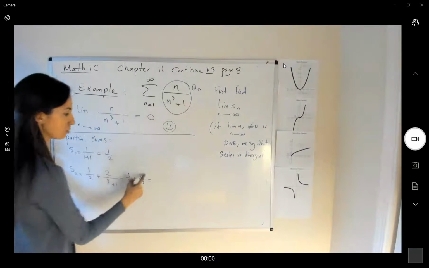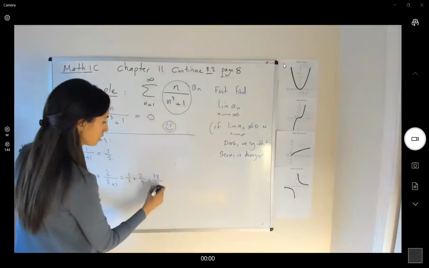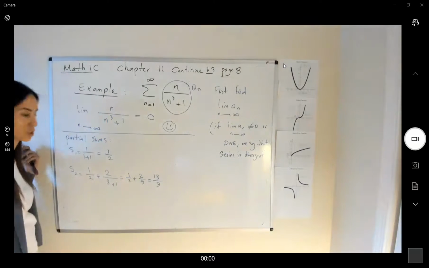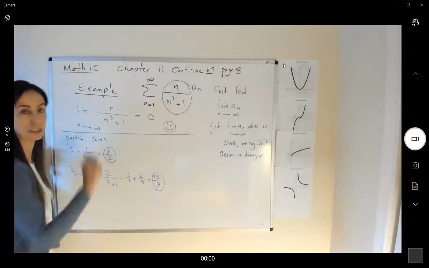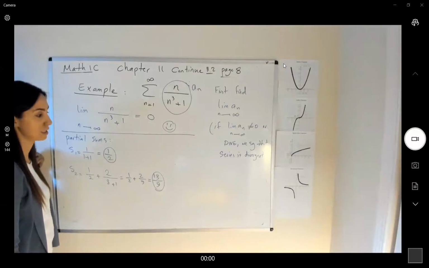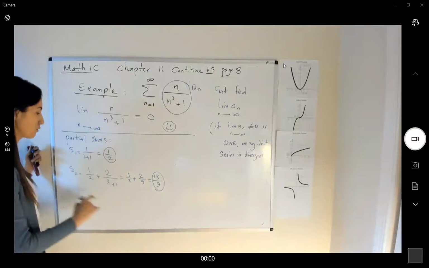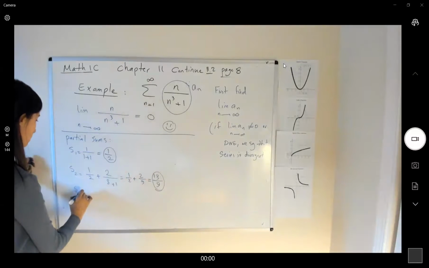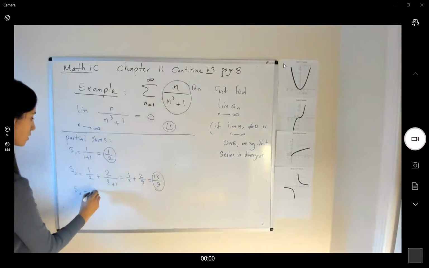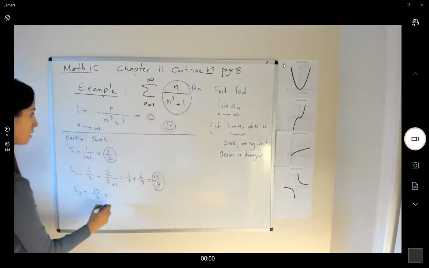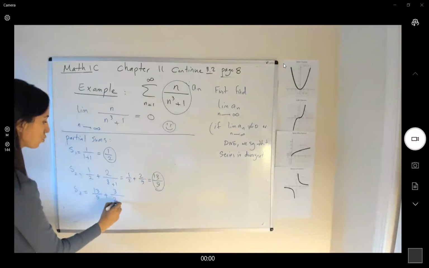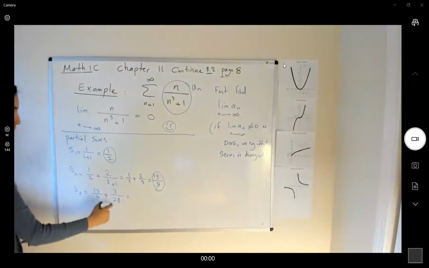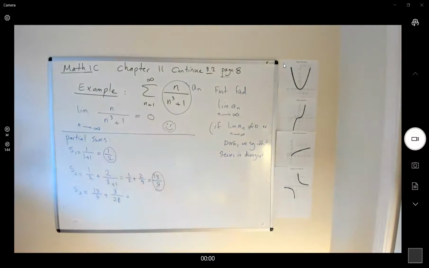We get 13 over 9. Okay, I had a half, now I have 13 over 9. It seems like it is increasing. Let's find the rest of the terms. S sub 3 is 13 over 9 plus 3 over 28, so we take a common denominator between these two.